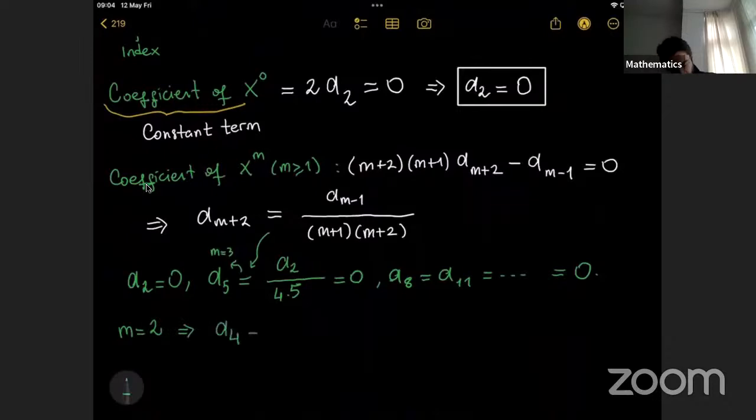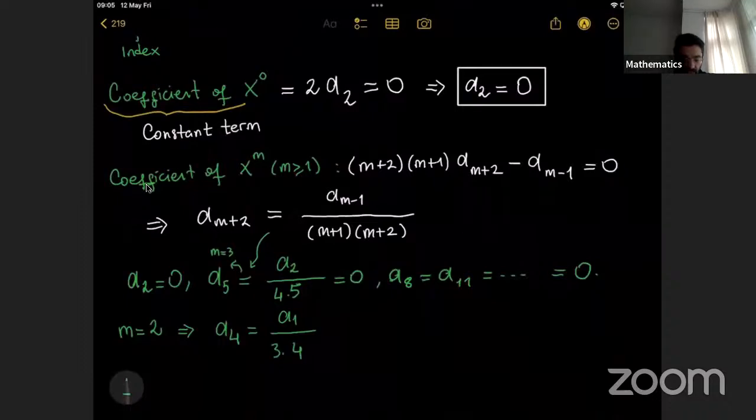A4 is equal to A1 over 3 times 4. So A4 is equal to A1 over 12. Well, A1 is free.